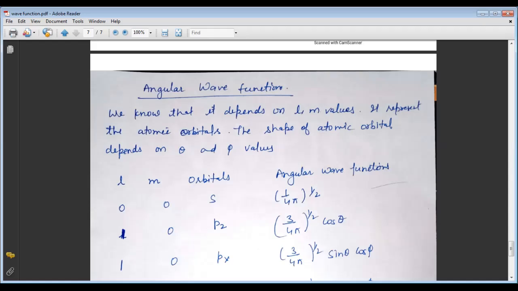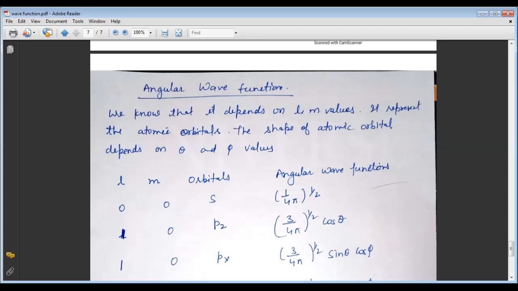Now we go to the case where the value of l is 1, the shape of the p orbital. For the p orbital l is equal to 1, so m has three values: +1, 0 or -1.